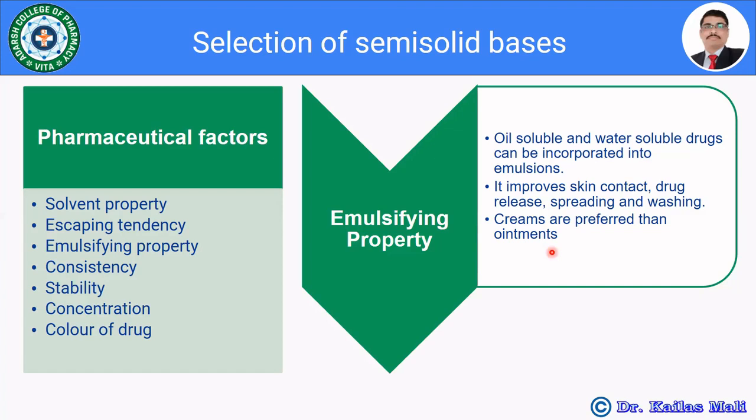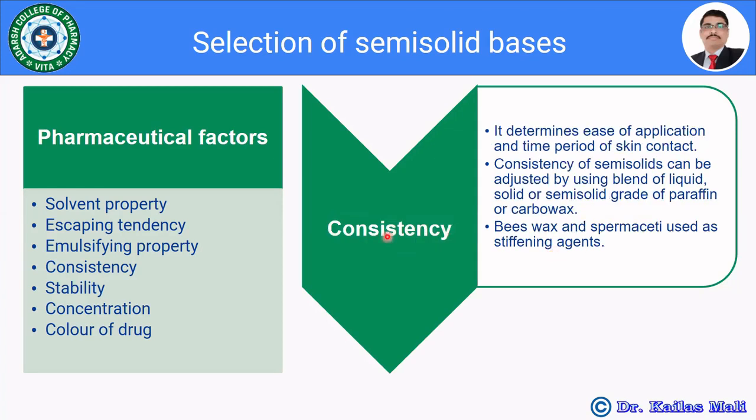The next property is consistency. Consistency determines ease of application and time period of skin contact. It is related to the formulation. The consistency of a semi-solid can be adjusted by using a blend of liquid, solid, or semi-solid grades of paraffin or carbowax. If the consistency is very hard, it is difficult to apply the formulation on the skin.